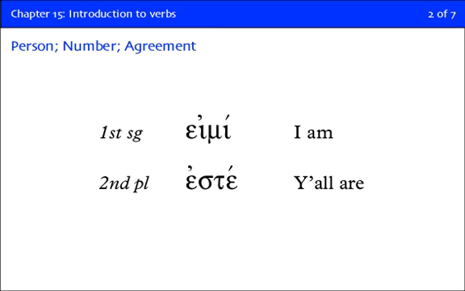And we've also seen that verbs have to agree with their subject in person and number. So if the subject is first person singular, the verb has to be first person singular. And you would have, for example, a me. But if the subject were second person plural, you would have to have a verb that is second person plural in its form. And for example, este.